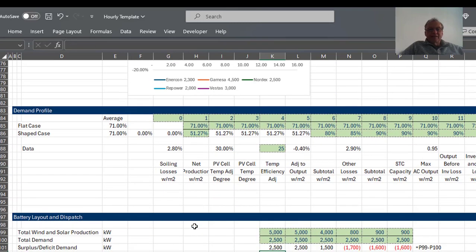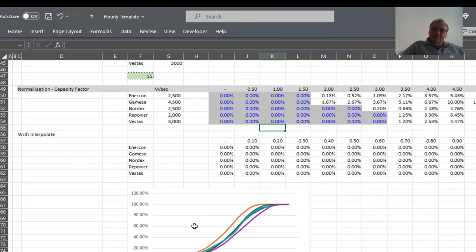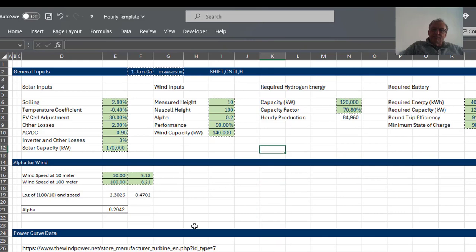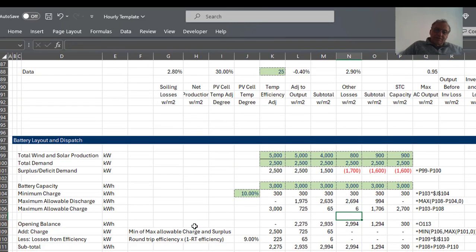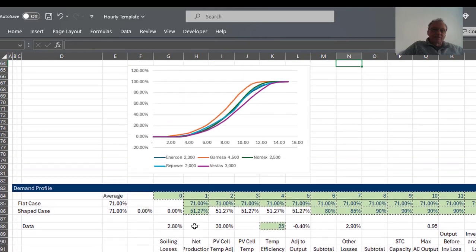And then there's our demand profile. So I said we've got a capacity of 120,000 kilowatts. We want to get some kind of capacity factor on this. But we don't know, we could just make it flat.